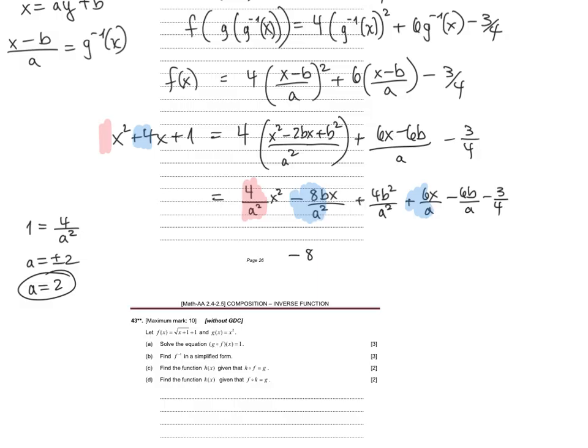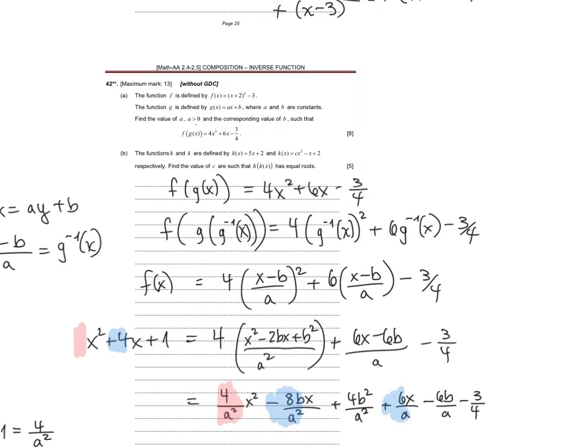So we're going to have negative 8b over 2 squared, which is 4, plus 6 over 2, and that's going to equal 4. So we've got negative 2b plus 3 equals 4. So subtract 3, which equals 1. So b is negative 1/2. And we're not done yet.